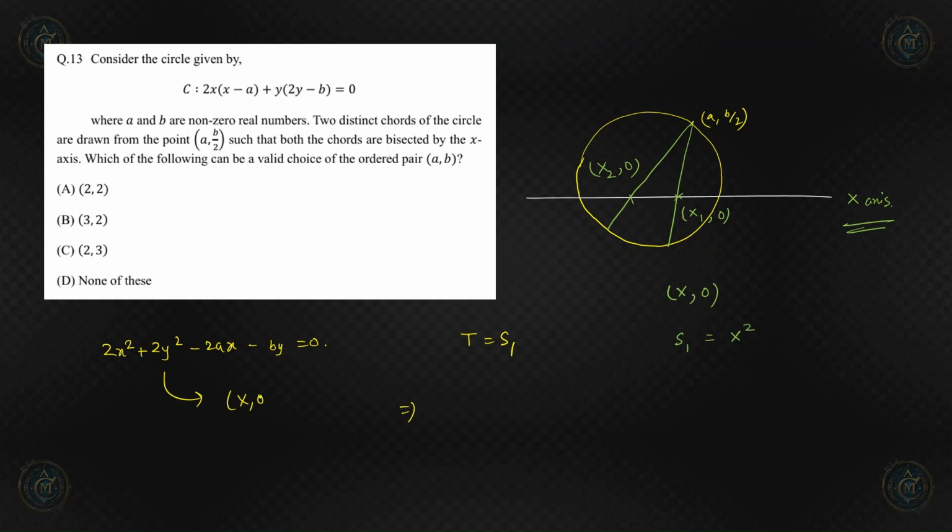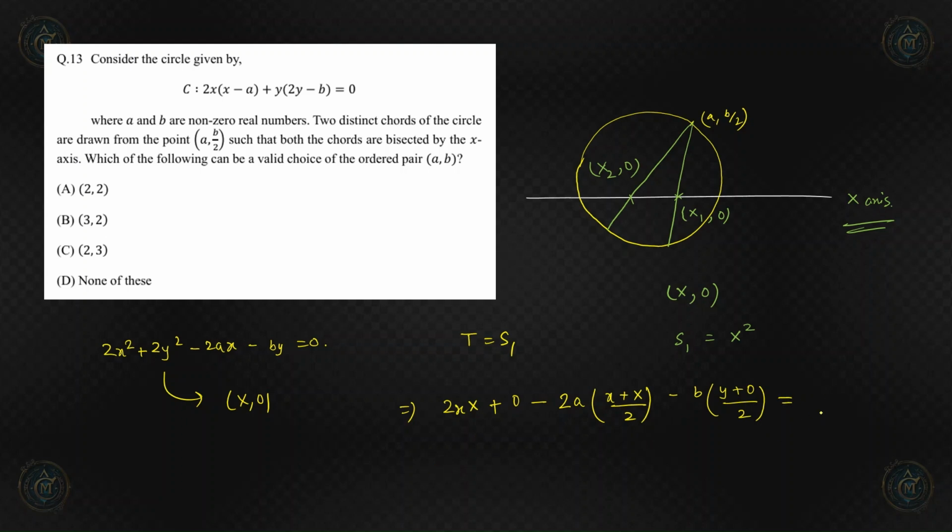T will be simply 2 times small x times capital X, plus 2 times 0 times small y, so 0, minus 2a times (small x plus capital X) divided by 2, minus b times (y plus 0) divided by 2 equal to 0. That means this will be our T equal to 0.